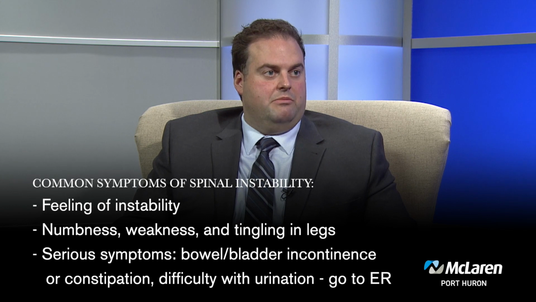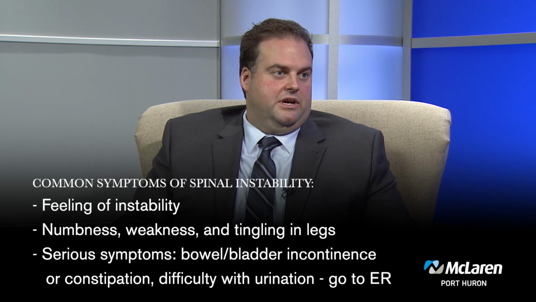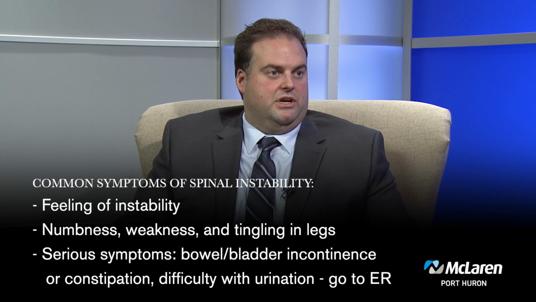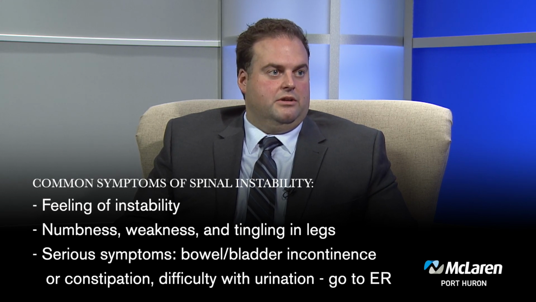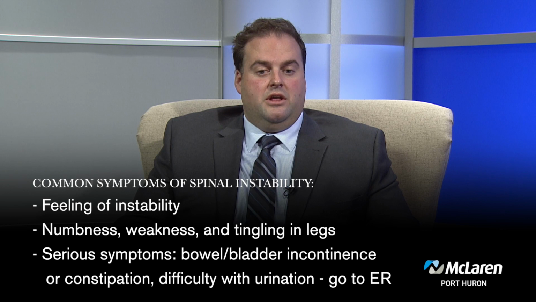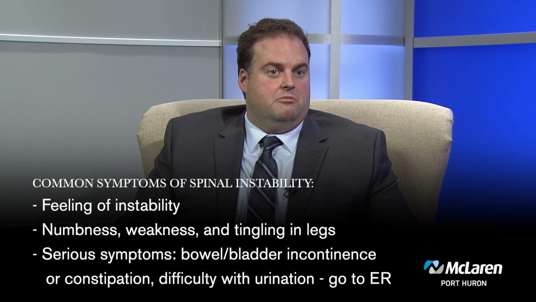Now that could be muscular imbalances, but the only way to really tell is to get in and be checked out and have x-rays. Some of the other symptoms include numbness and tingling in your legs, weakness in your legs. The emergent symptoms being bowel or bladder incontinence, or severe constipation or difficulty with urination. Those are emergent signs and symptoms that you would need to go to your emergency department for.